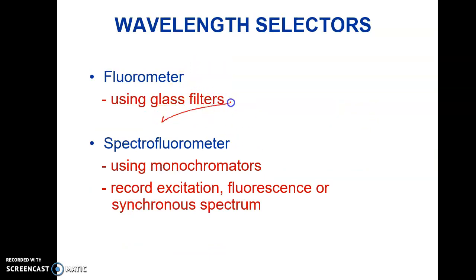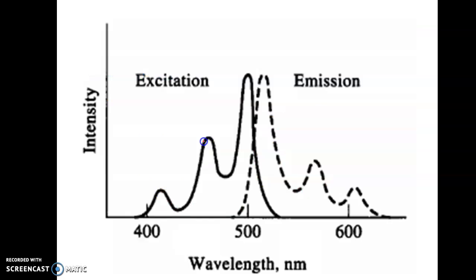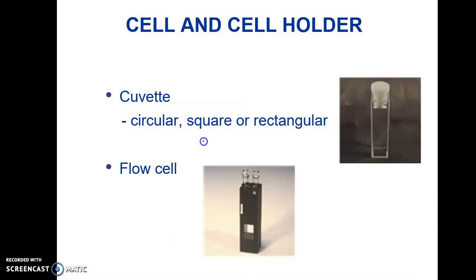If you use only a glass filter, you will call it a fluorometer. When you use a monochromator, we have slit, prism or grating, and also slit again. So you have two sets of this, you call it a spectrofluorometer. Okay. So this is the spectrum that has been shown to you before many times already.